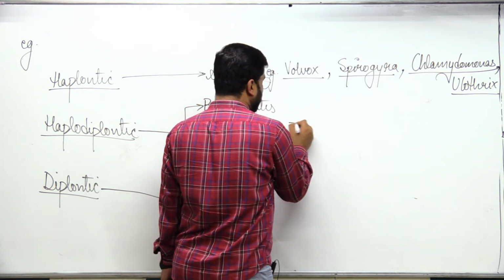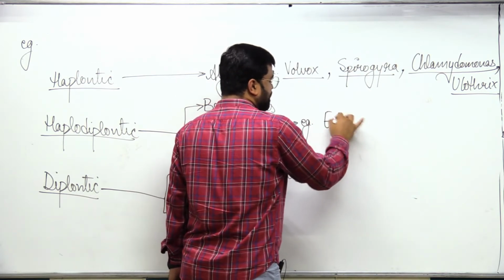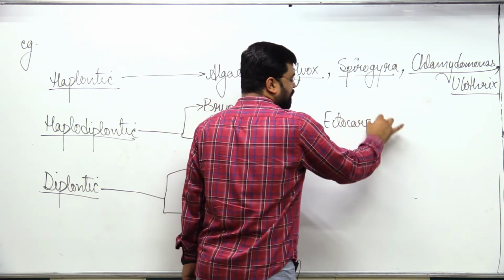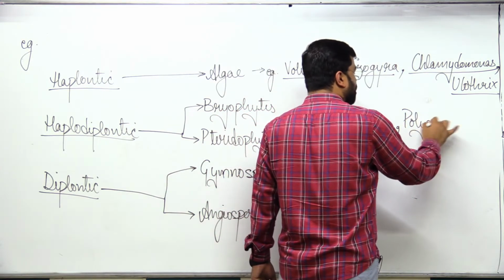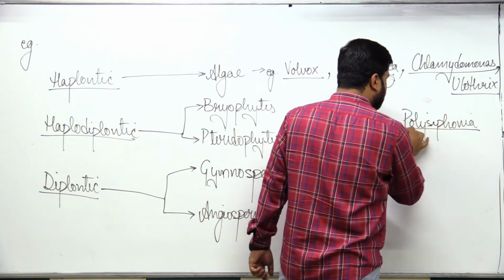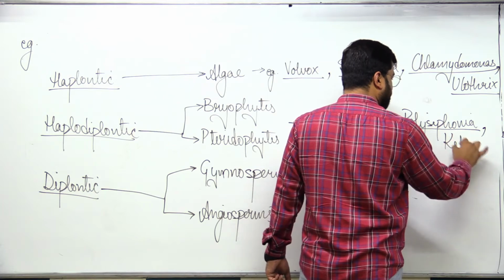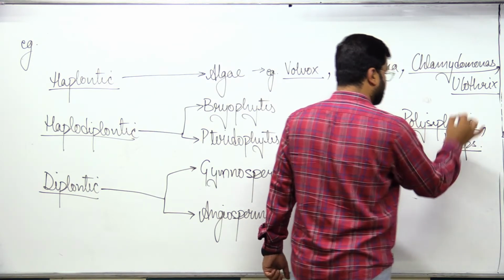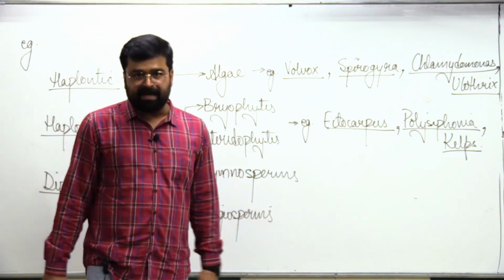So here I am writing additional: Ectocarpus. Then we are having Polysiphonia, and then the last we are having Kelps. Yes, it is a common term for referring to huge brown algae.